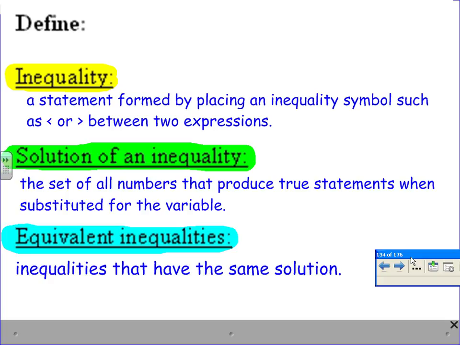Mary? Yep. But we won't have equals. These are all going to be inequalities. Yes, we're going to have those.